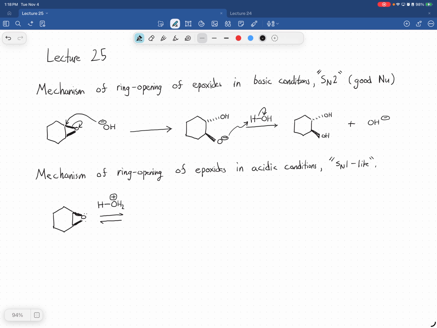Yeah, so one of the lone pairs on oxygen is going to pick up acidic hydrogen and then transfer that away from the acid. You get out water, and now you're going to get your protonated epoxide here. So now that's a great leaving group, okay?